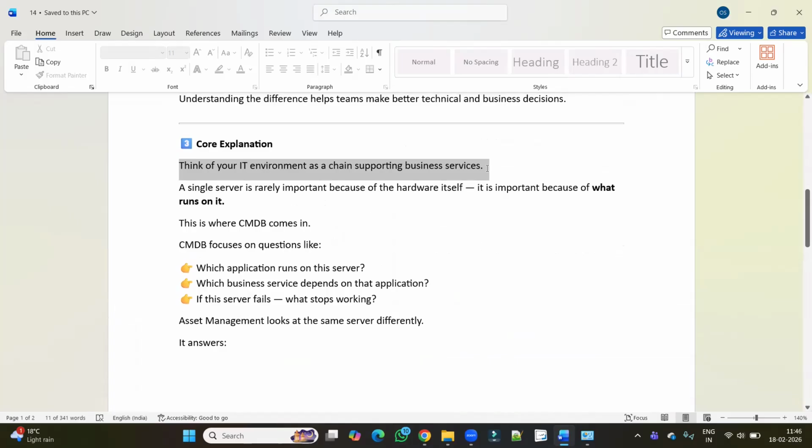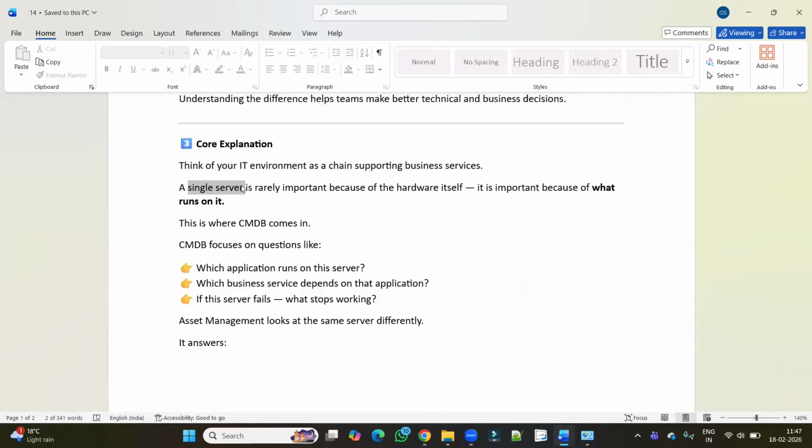So you have an IT environment, and ultimately what you are doing is supporting certain business services, for example email, or your online shopping or something like that. A single server is really important because of its hardware itself. Because there are certain business services, there are a number of software and hardware components involved. If we talk about a single server alone, it is not that important, because we should know what all things are running on it.